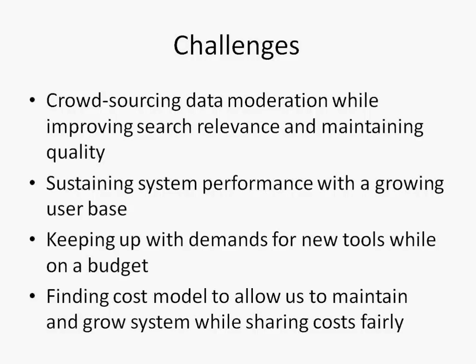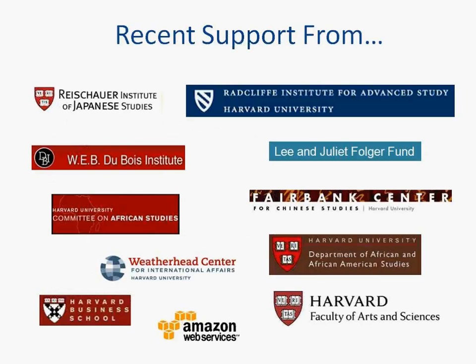Of course, system performance is going to be a challenge as the system includes more data and is getting more traffic. Maintaining quality of content and search relevance at the same time as maintaining performance is going to be the challenge.